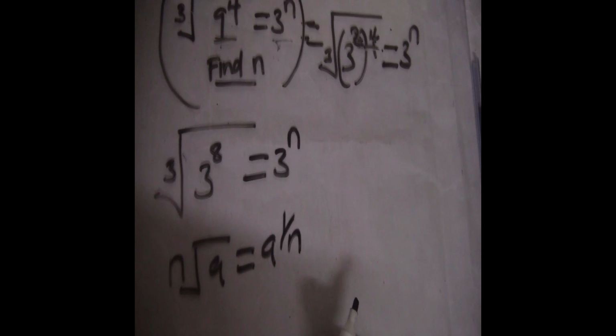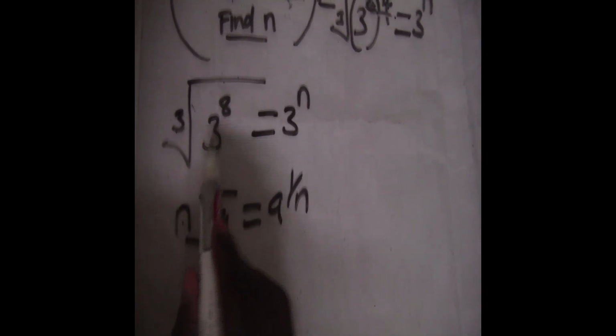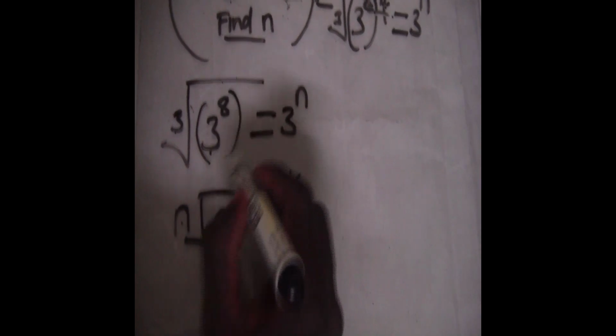And then remember the root rule. The root rule was in this form: the nth root of a is a raised to power 1 over n. So our n is 3, our a is the whole of this.